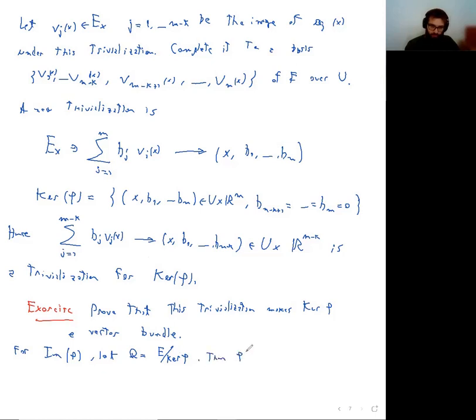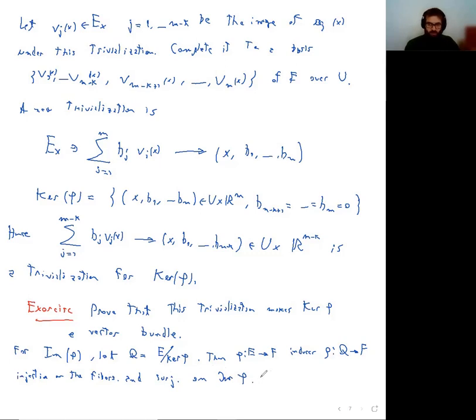And then our morphism induces a morphism on the quotient, rho, right? And this is injective on the fibers, and surjective, not on F, but of course on the image of phi.